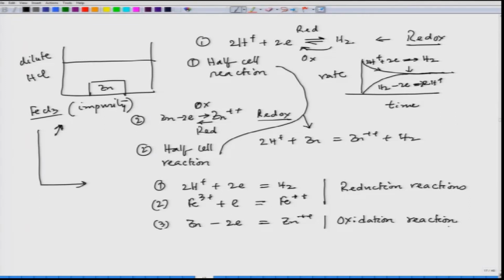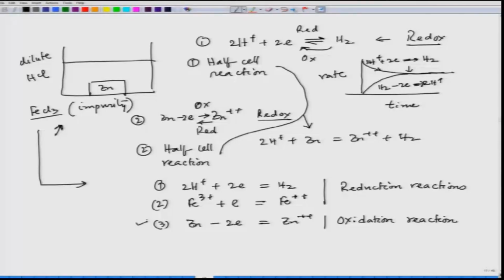Now, as we have mentioned, the rate of the reduction reaction should be equal to the rate of the oxidation reaction. Here we have two reduction reactions, so you need more electron supply for those two reduction reactions. Where would this extra electron come from?